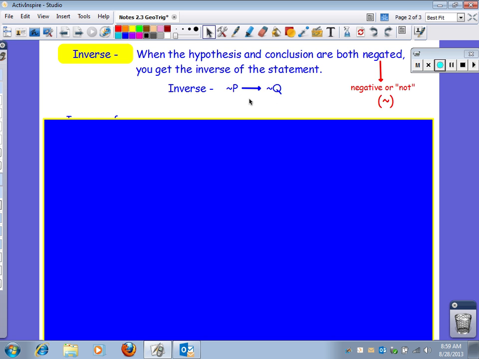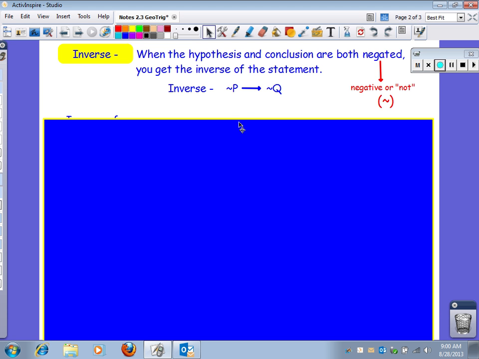We're still using P to Q, but we're putting the negatives in front. So we're changing them both into nots. Those little squiggly lines represent negative or not. So if not P, then not Q is what you'd be saying here.